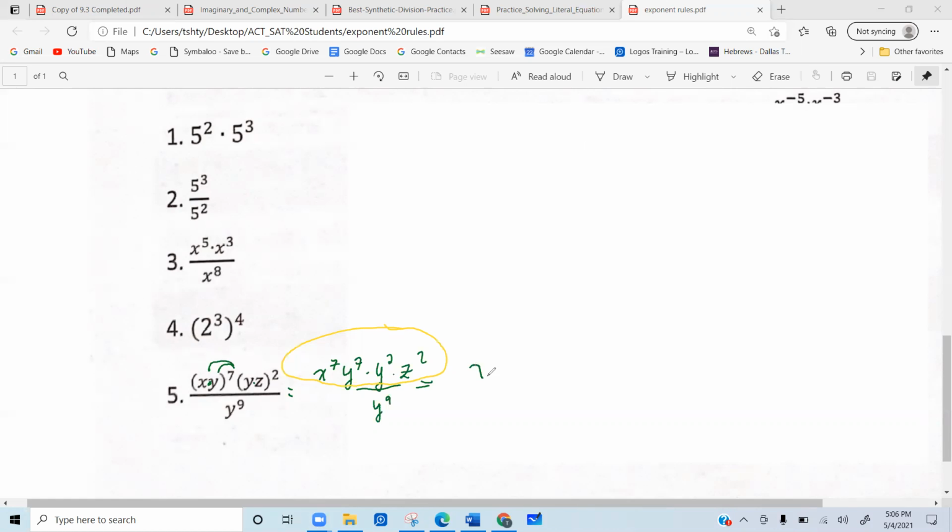So it's going to be x to the 7th, y to the 9th, z squared over y to the 9th. And then notice that we can subtract those. 9 minus 9 is 0, and y to the 0 is 1. So then that is reducing out. We will be left with x to the 7th z squared, and done.